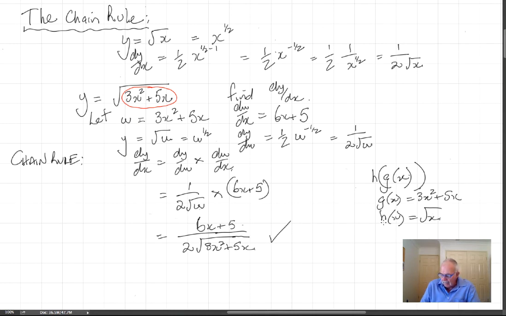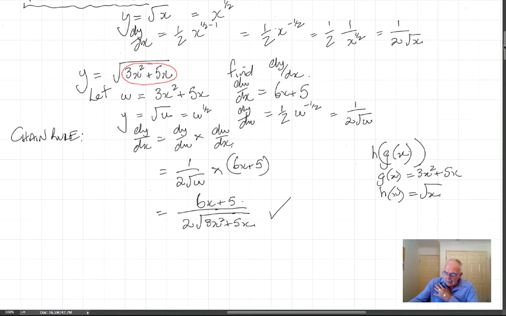So when you do h of g of x, we substitute in the 3x squared plus 5x, and that's what gives us this function of y here. So make the substitution, identify u and simplify what y is, and then go through and apply the chain rule, dy dx, dy du, du dx, and then do the substitution, and don't forget to do the back substitution in the end. A quick one, let's do another one.